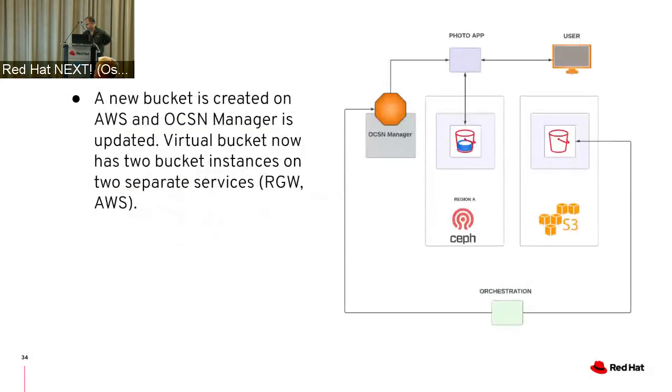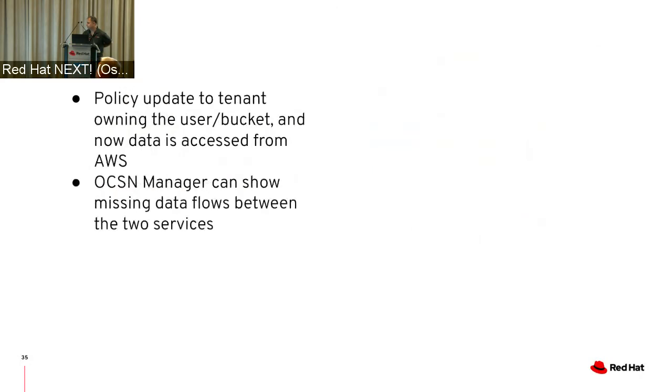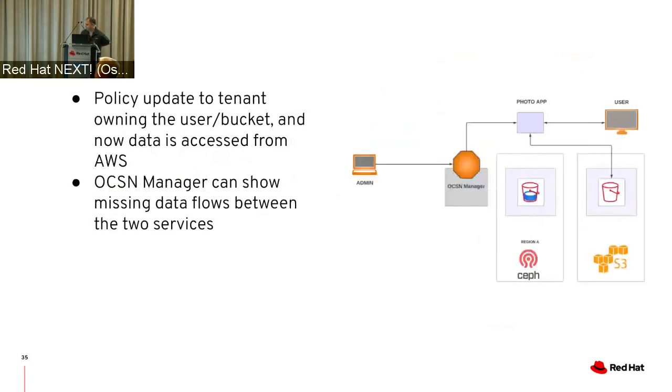So basically, once we started AWS, they created the AWS bucket, the orchestration module updated the OCSN manager, and the photo app now was set to access the bucket on AWS. However, we still haven't set any sync from RGW to AWS.